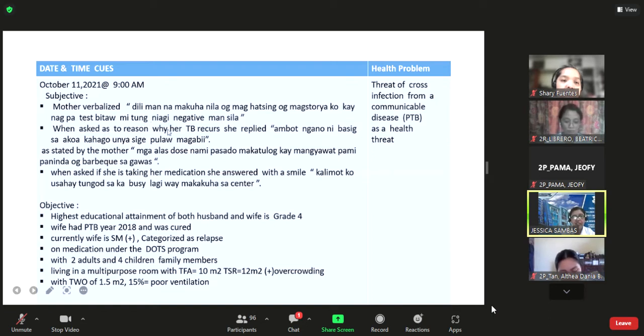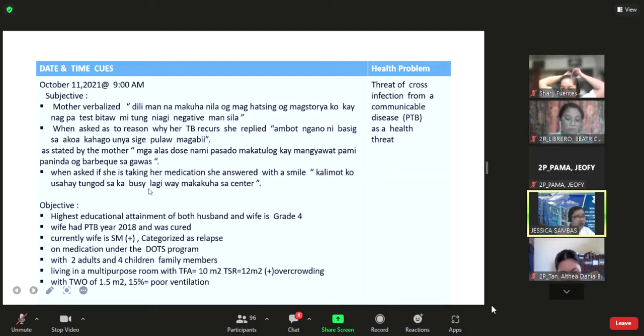When asked the reason why her TB recurs, she replied, "I don't know, maybe because of my fatigue, and I keep staying up late." As stated by the mother, "It is already past 12 when we sleep because we still go out to sell barbecue outside." When asked if she is taking her medication, she answered with a smile, "I sometimes forget, because I am busy, and getting it from the center." So, these are all subjective cues.